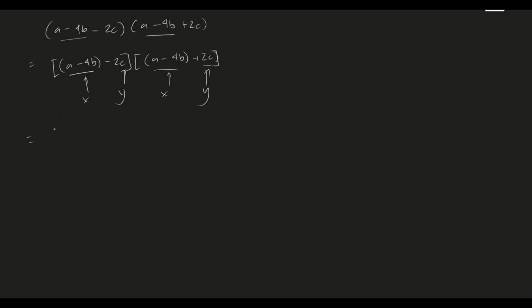So we have a minus 4b squared minus 2c squared. So let's expand this one. So we will follow the formula of a plus b quantity squared is equal to a squared plus 2ab plus b squared.